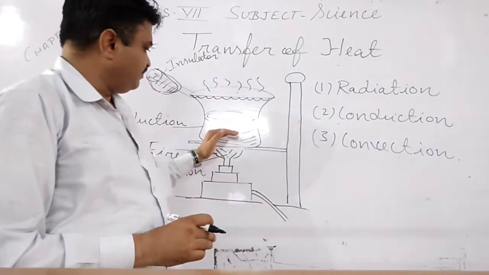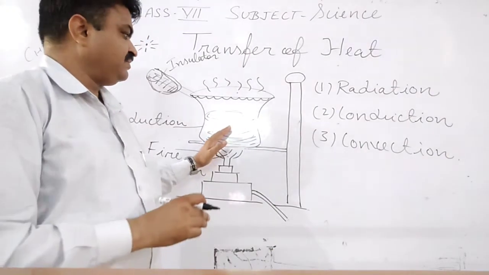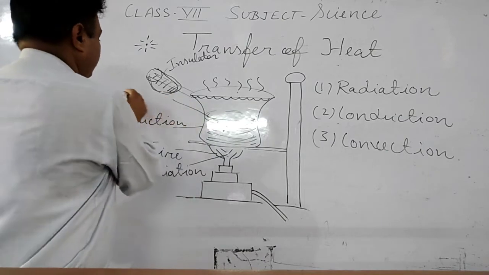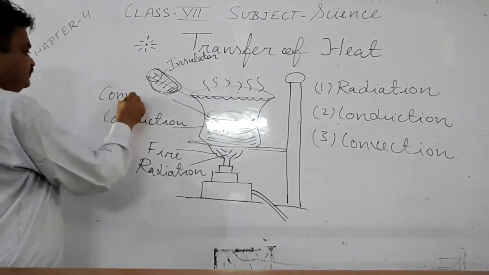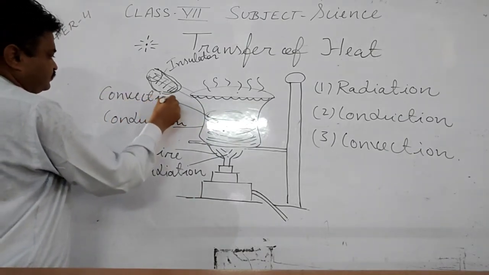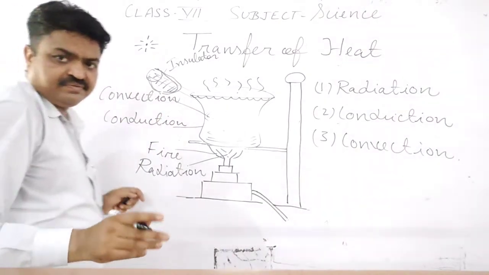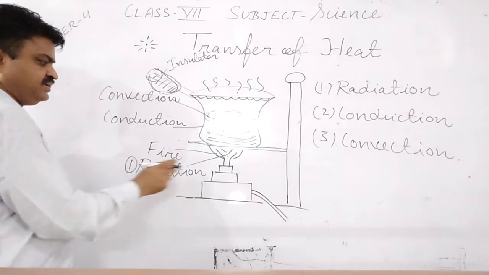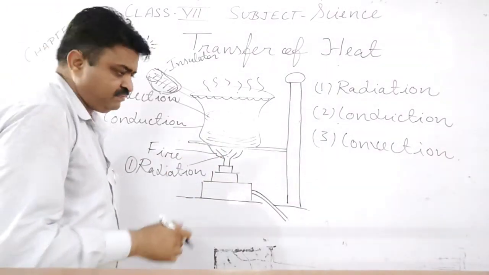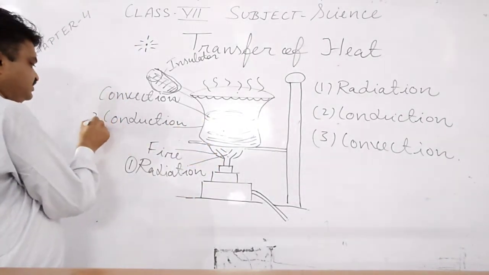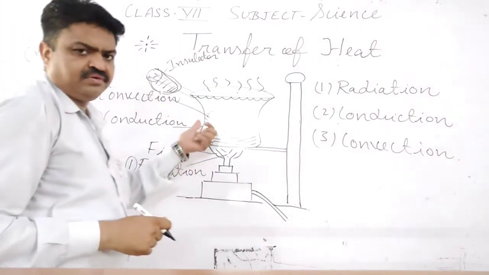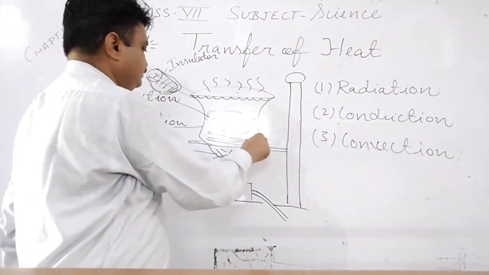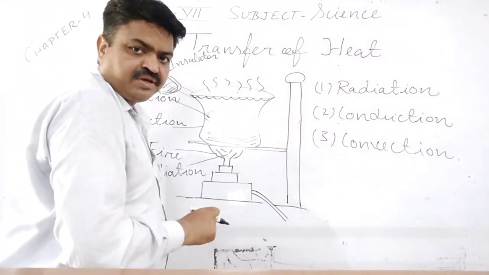So what is happening here? Convection is happening here. First is radiation, which is introduced with the help of fire. Second is conduction, which is introduced with the help of this particular cooking pot.